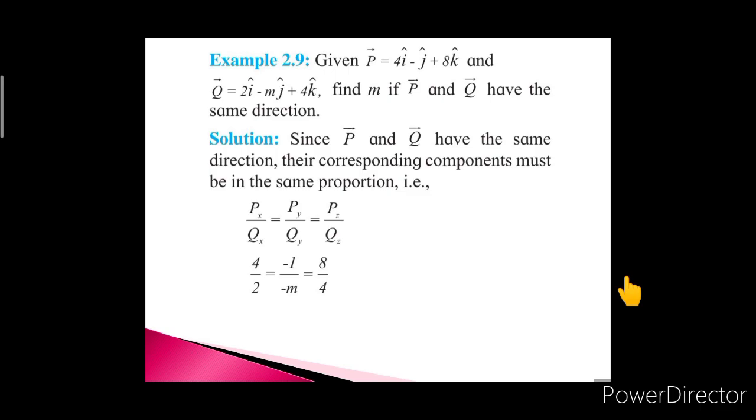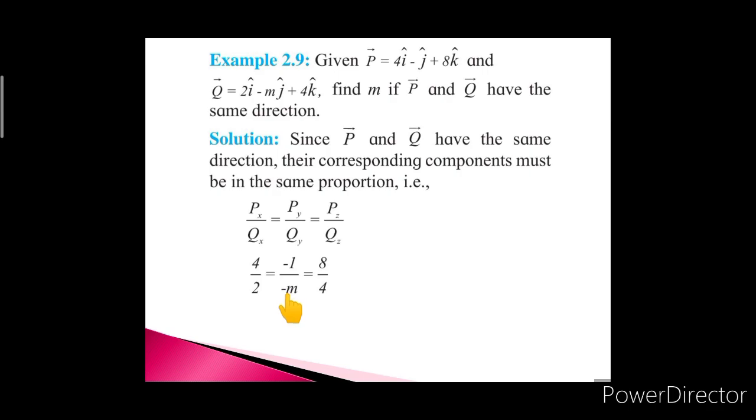Then here we can say that 4 upon 2 is equal to 1 upon m, and also 1 upon m is equal to 8 upon 4. 1 upon m is equal to 8 upon 4 gives the value as 2, as well as 4 upon 2 is equal to 1 upon m also gives the value as 2.